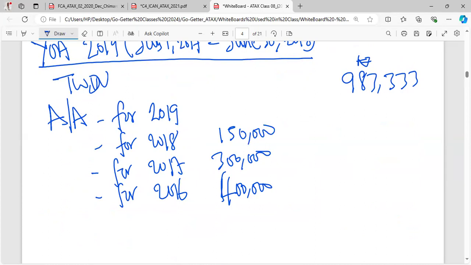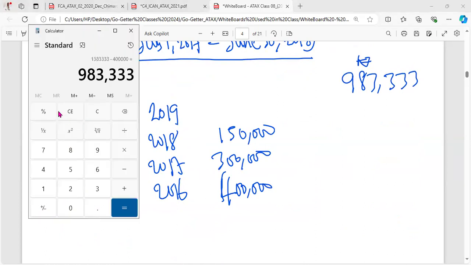What will 2019 be? Now watch what will happen. Let's add all of this: 400 plus 300 plus 150. That will give me 850.